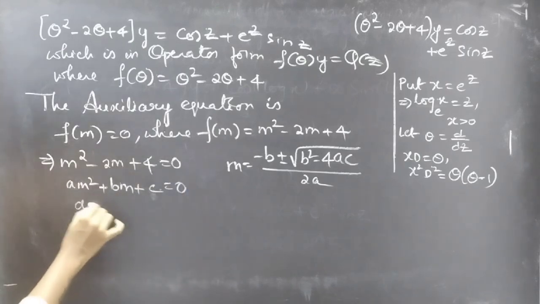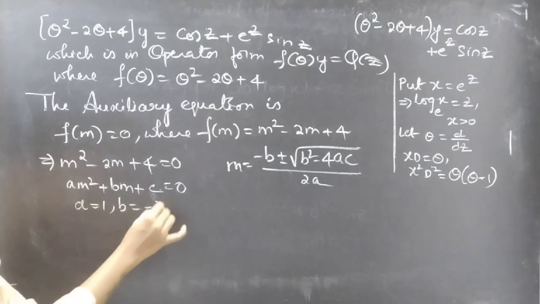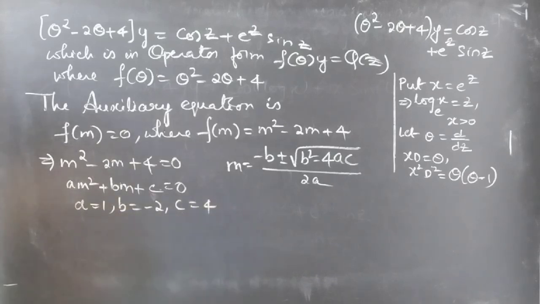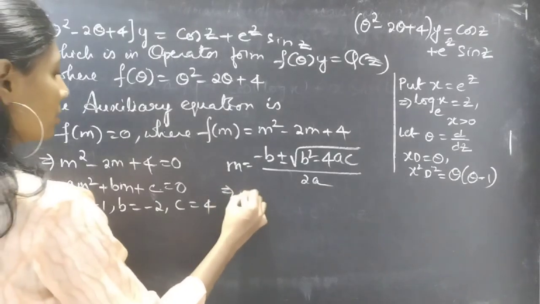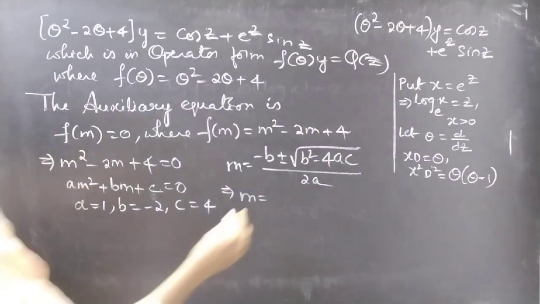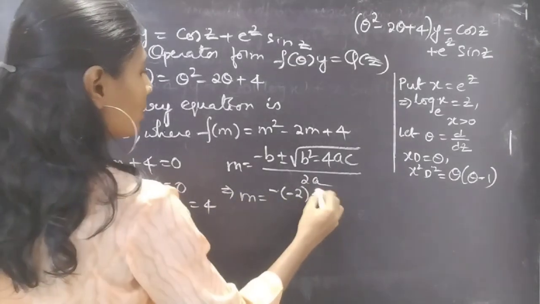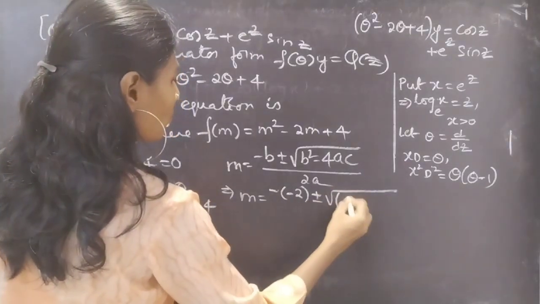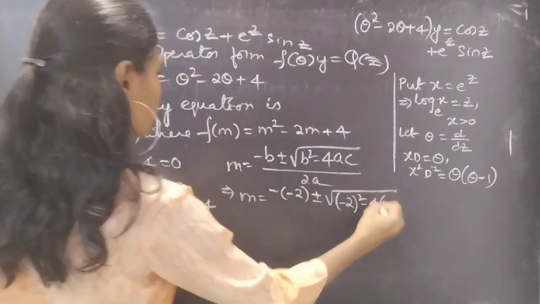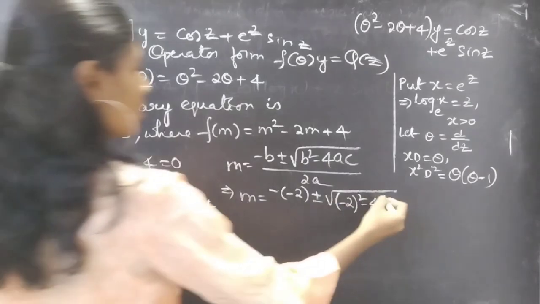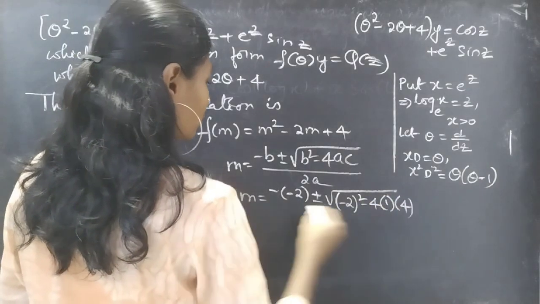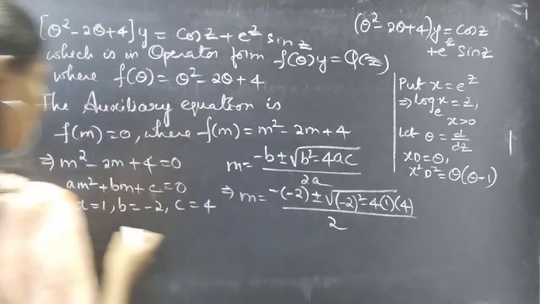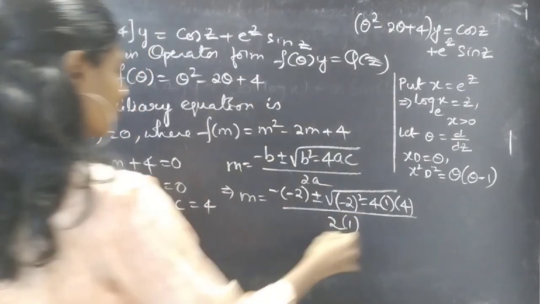We'll get a equals 1, b equals −2, c equals 4. Now substitute these values in the formula. We'll get −(−2) plus or minus square root of (−2)² − 4 into 1 into 4, by 2 into 1.